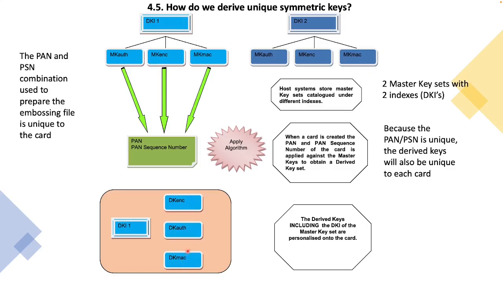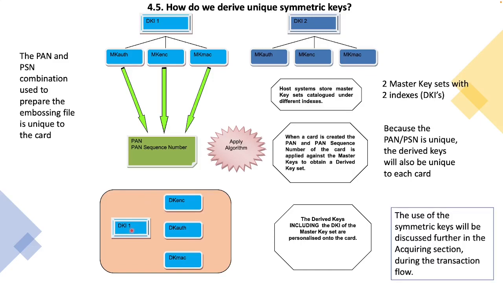What we also do, because we used master key set 1 to create these derived keys, is take this indicator, DKI 1, and that's personalized on the card. So here's the pointer saying that these keys were created through the use of master key set 1.